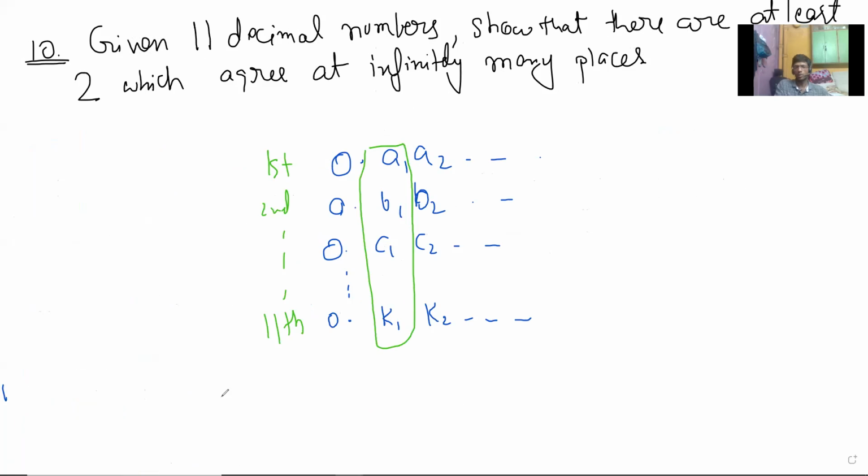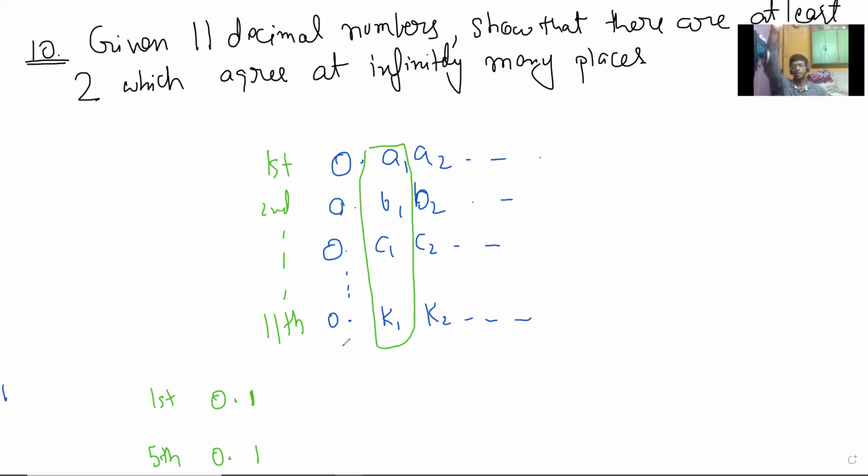Which two, I don't know. So maybe the first one is 1 in the first column, and let's say the fifth one is also 1. Is this clear with everyone? Just 11 numbers, 10 possible digits. So two digits have to be the same in the first column.